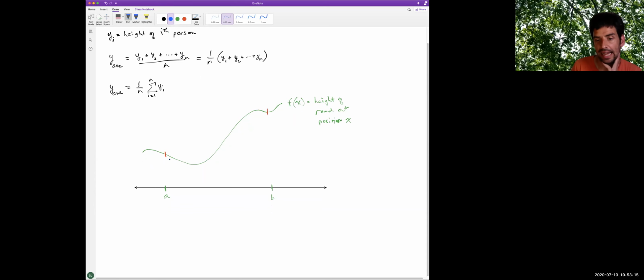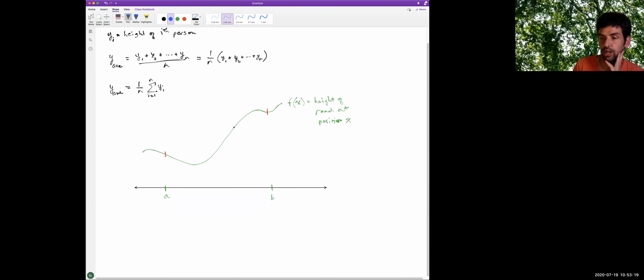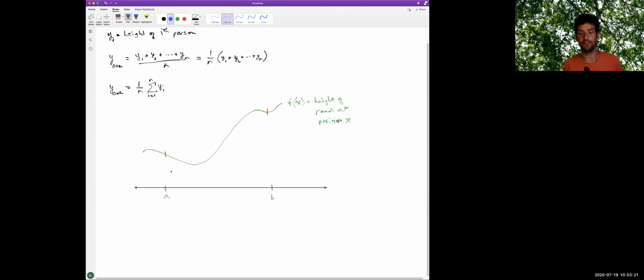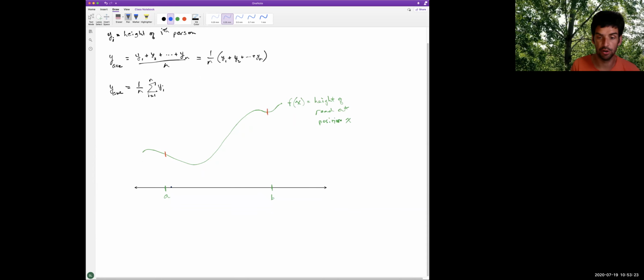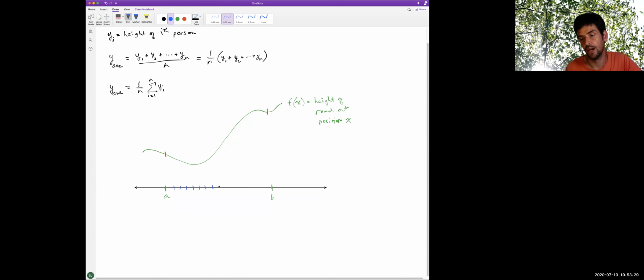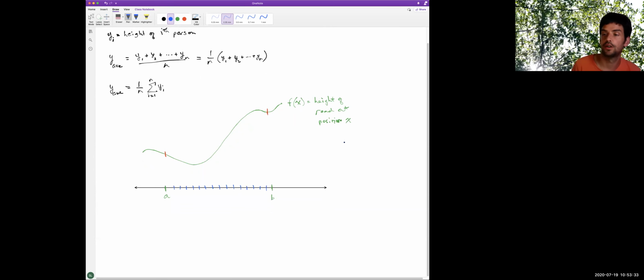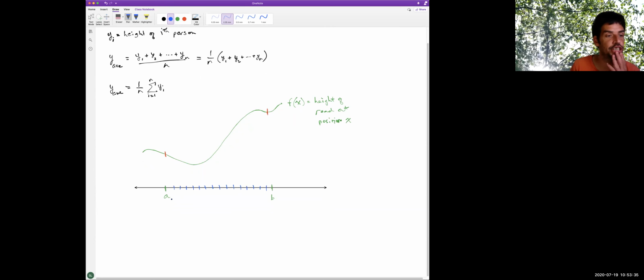Well, I can't measure it at every single spot. There's an infinite number of spots along this road. But what I could do is set up an interval. Maybe I take a measurement every meter along the road.